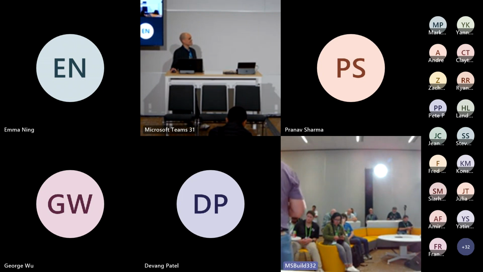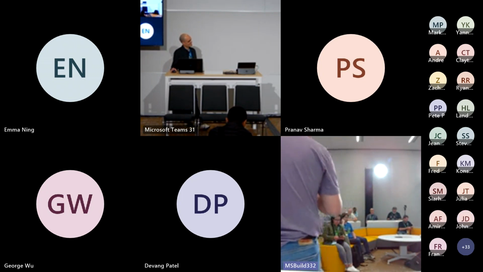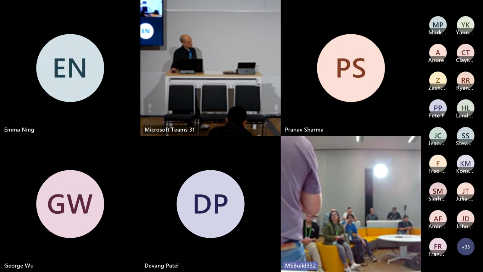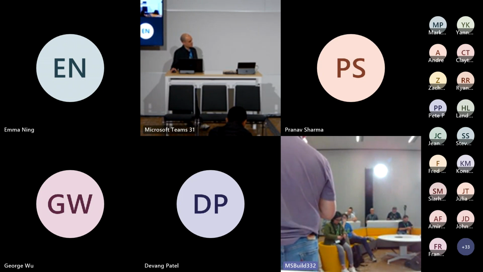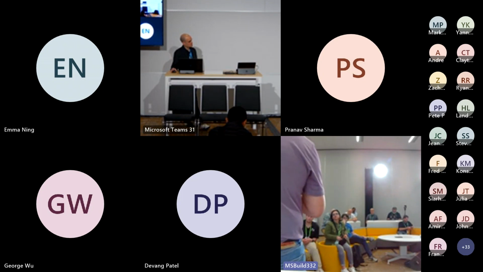Okay, so the question is where does Olive begin and end, and where does ONNX Runtime begin and end? I think that's a good thing to point out. Think of Olive as taking a model and a configuration file and optimizing that model based on that configuration for specific hardware. It's a hardware-aware optimization toolchain and framework.